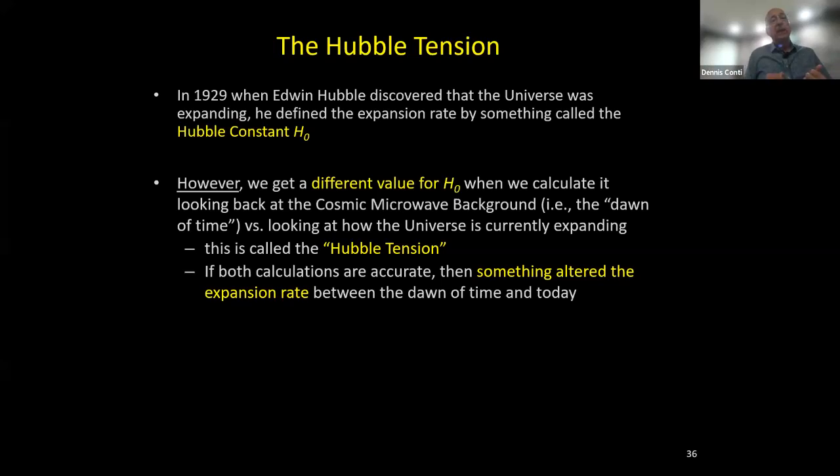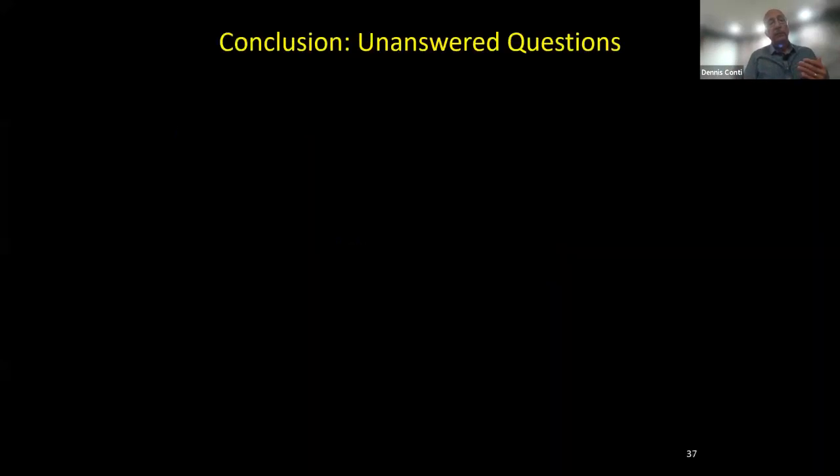If both are accurate, then something happened that altered the expansion rate. This is currently what cosmologists are trying to figure out: are these really differences in this value of the expansion rate? Because if so, something has happened that we're still trying to explain.